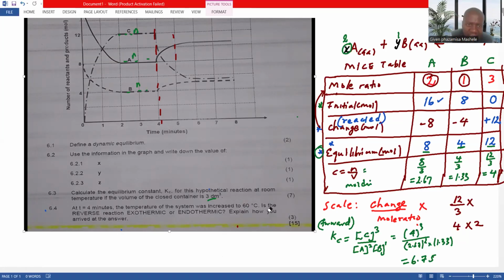Let's just analyze this first. Looking at the graph, we are talking about A, B, and C. All are aqueous. Let me just put the moles.